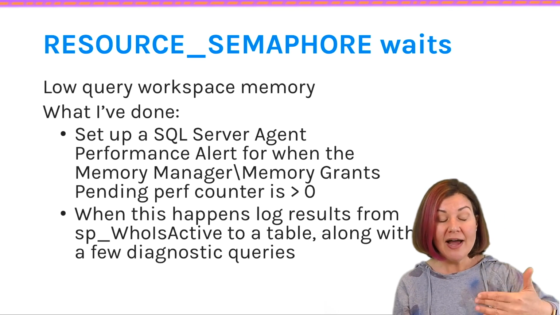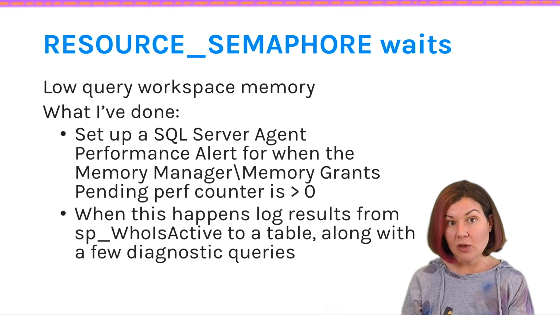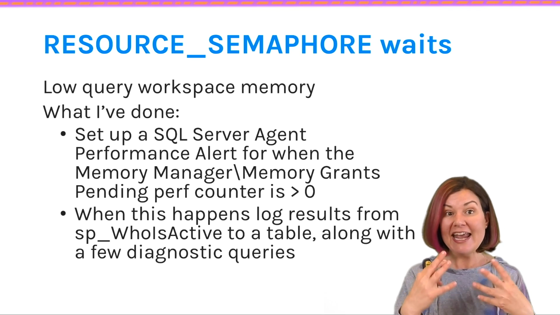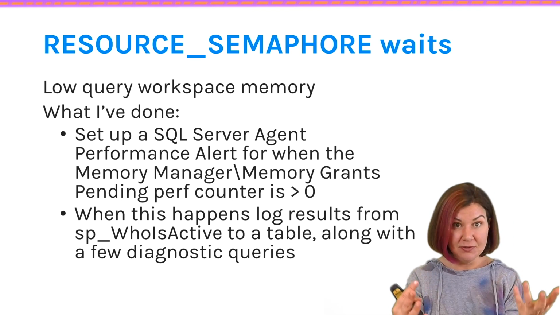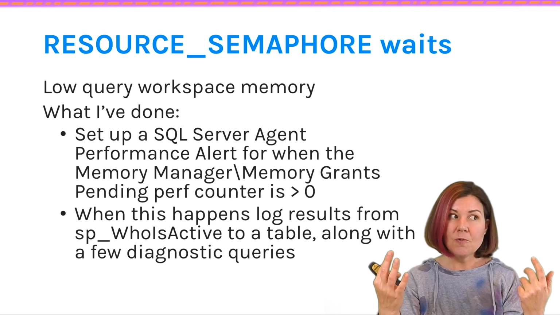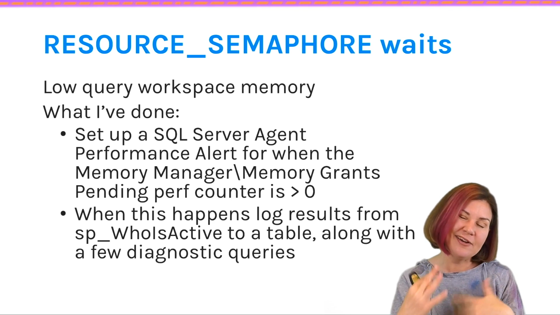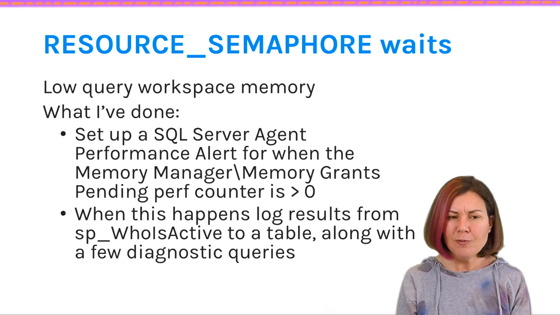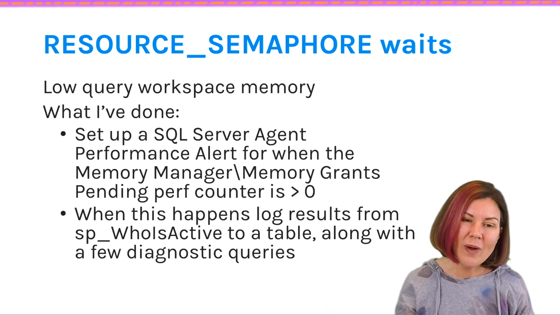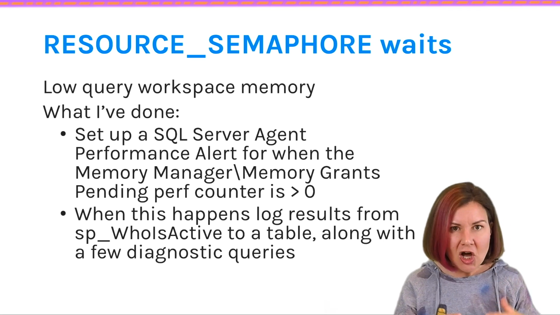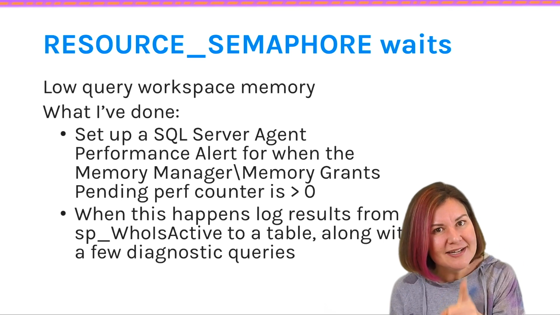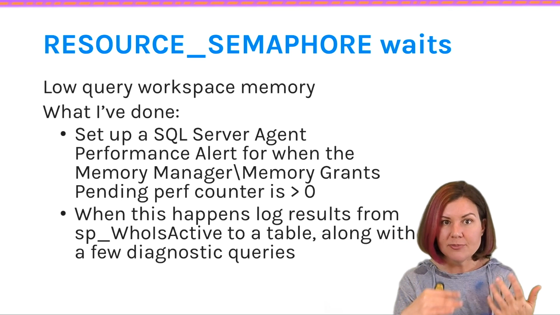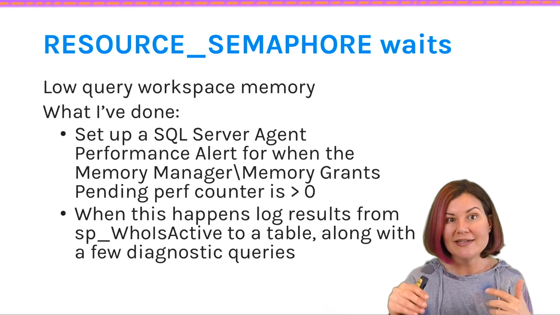And when that alert fired, I told it to kick off a SQL agent job. The agent job ran sp_WhoIsActive and wrote the results to a table, and it ran a couple other diagnostic queries too. You might wonder, how did that job manage to run? Well, as long as there was just one pending memory grant, I could get that job to run and get some information to a table.